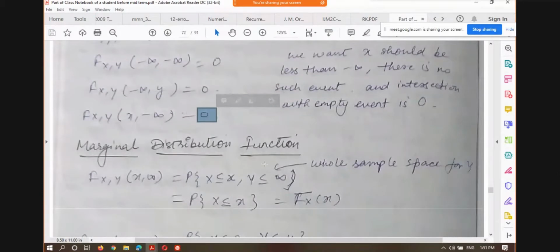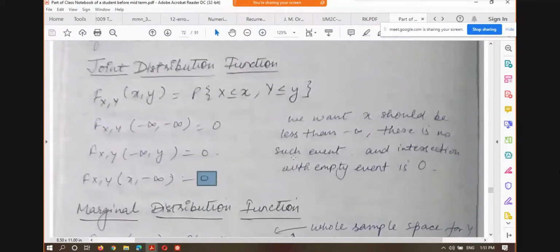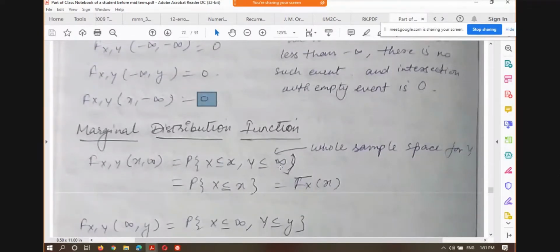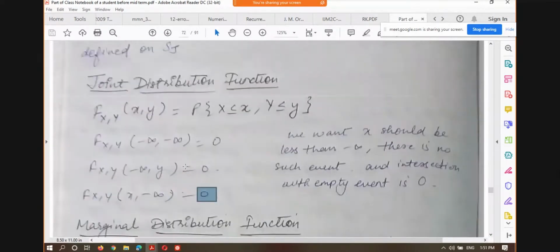Then the marginal distribution function. In this case of marginal, if I replace y in F_XY by plus infinity, and I'm talking about this event only, where Y is less than or equal to y and small y is plus infinity, it now becomes the whole sample space, because small y is plus infinity.